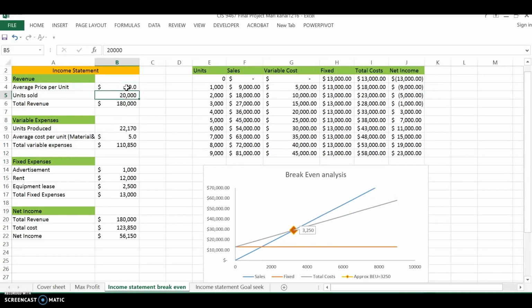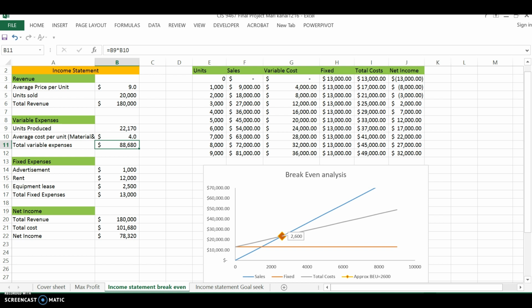If it's $9, it decreases more. Now let's see what happens if I increase the variable cost from $5 to $6. Now we can see the amount increased. If I decrease it to $4, the amount decreased. That means that if the variable cost decreases, we need to sell fewer products to break even.